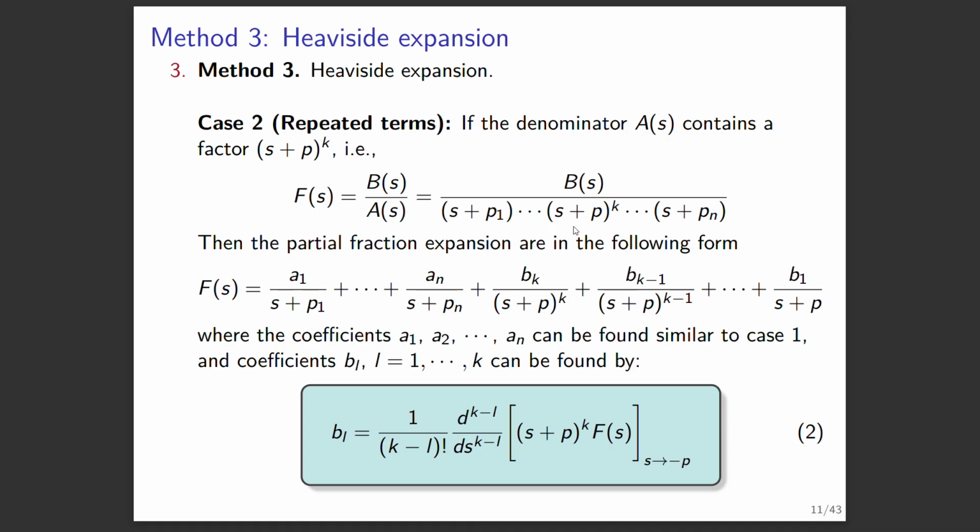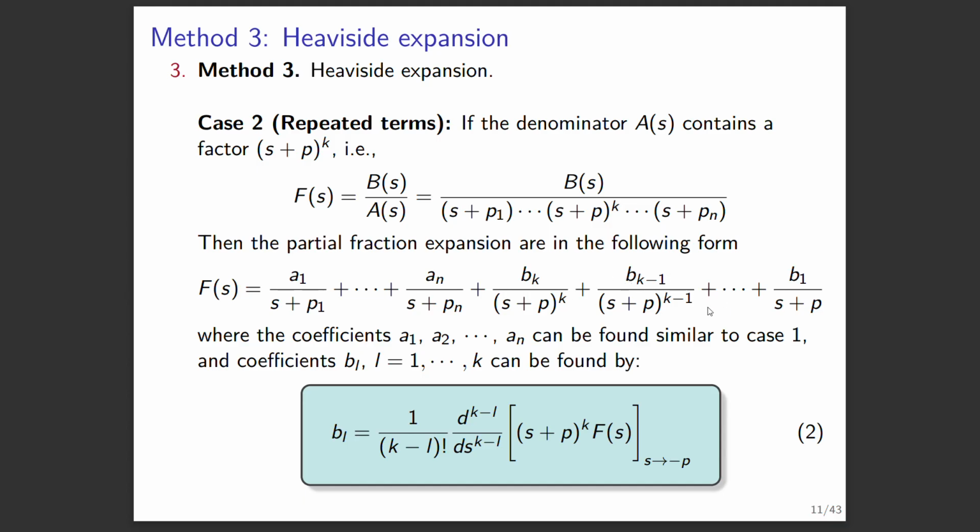For the term that has repetition, I might have s plus p to the k, I might have s plus p to the k minus 1, or I might not have it.